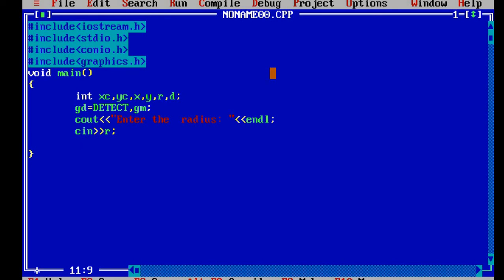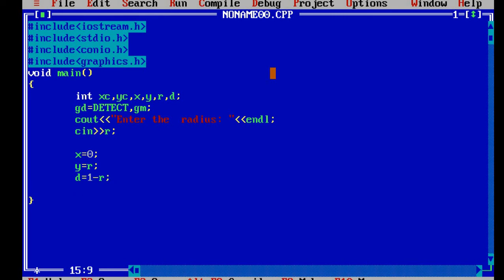Then we initialize the x and y values. First x is equal to 0. Then y is equal to r, the radius of the circle. Then the decision parameter d is equal to 1 minus r.